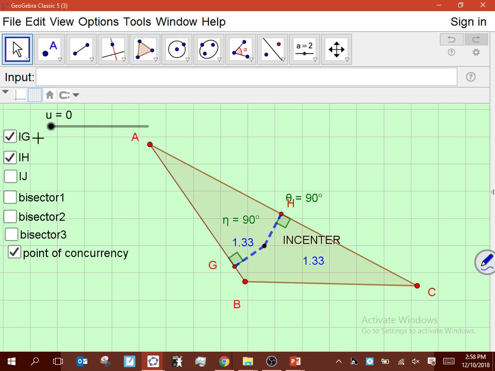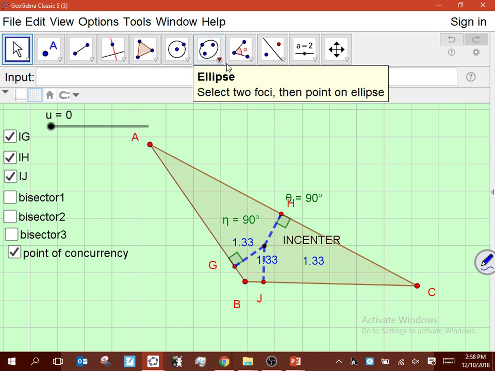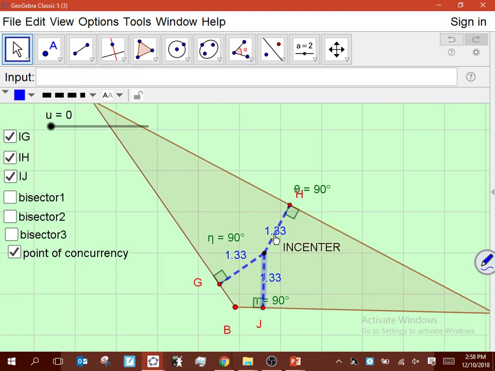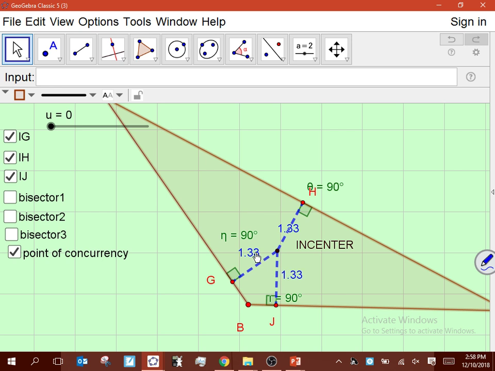B to C, right? So if I find that distance, find that angle, would you agree that's the right angle? What showed up with all three of these blue segments? They were all 1.33. That should make sense to us, right? We said it had to be equidistant from all three sides. Right now we're just seeing that the distance from the incenter to each side is 1.33 units.